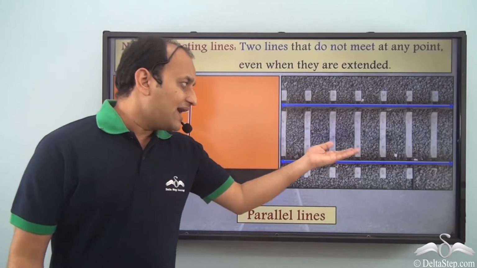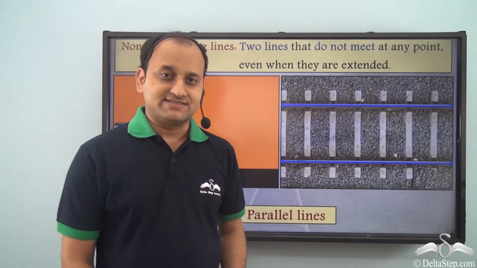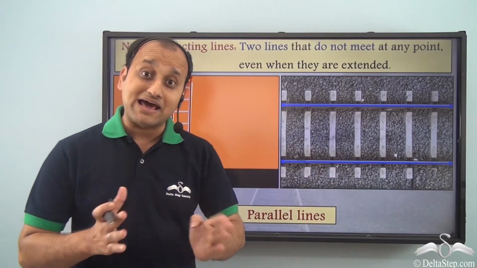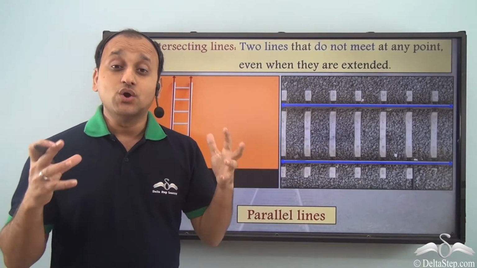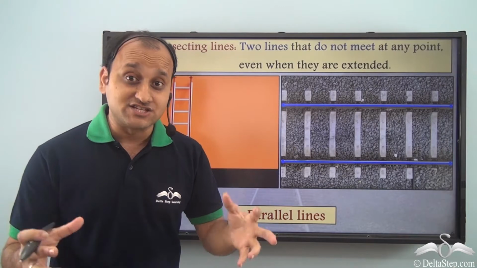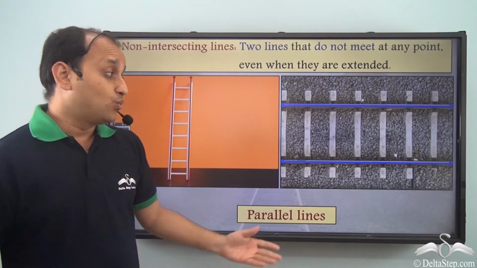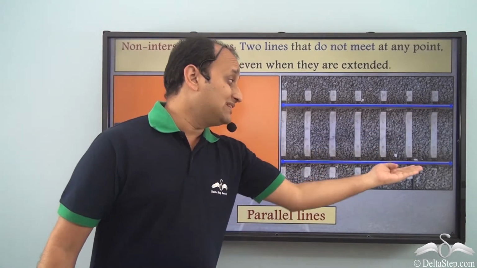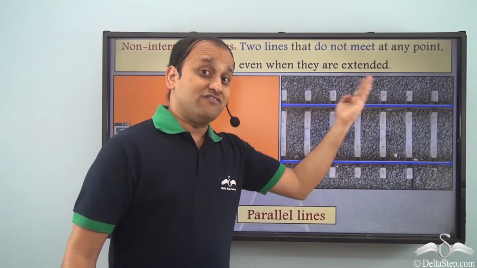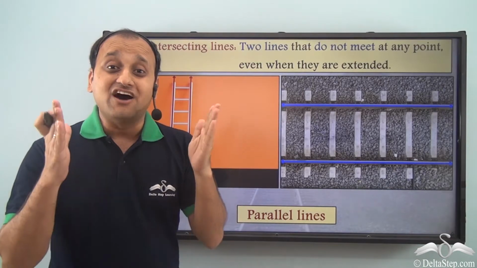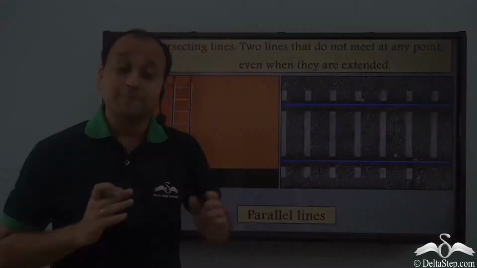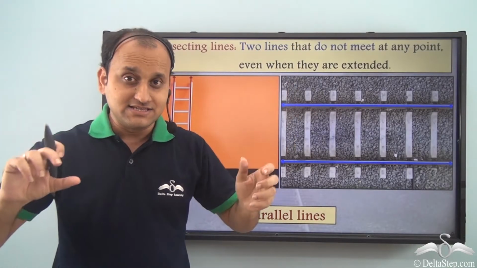Now, why aren't they intersecting lines? Why are these railway tracks parallel to each other? Because the trains that run on these tracks have wheels which are at a fixed distance from each other, and when they are moving on these rail lines, even these tracks need to be exactly at a fixed distance from each other for the entire journey, isn't it?